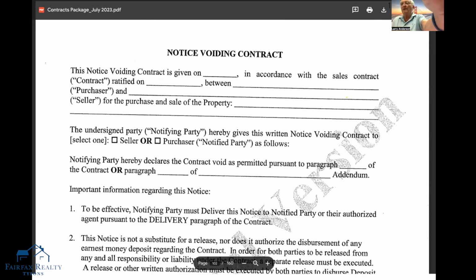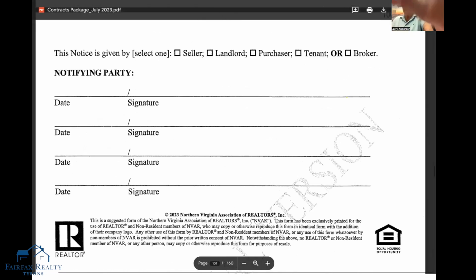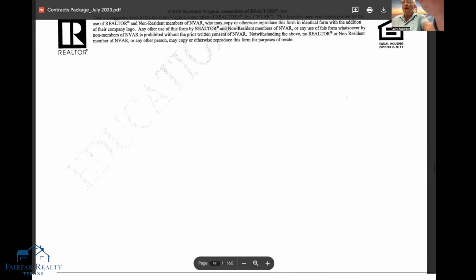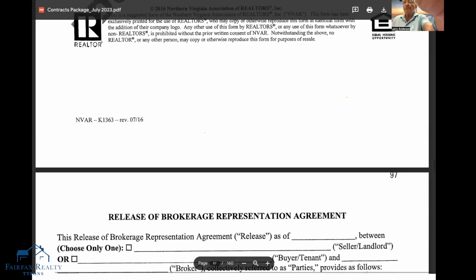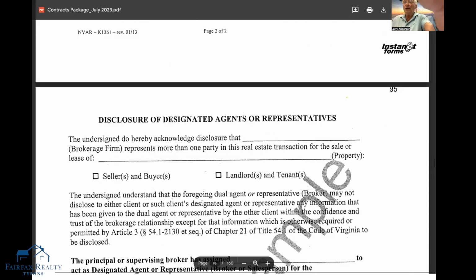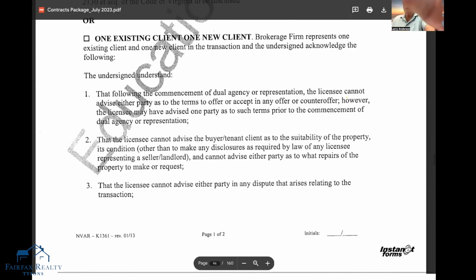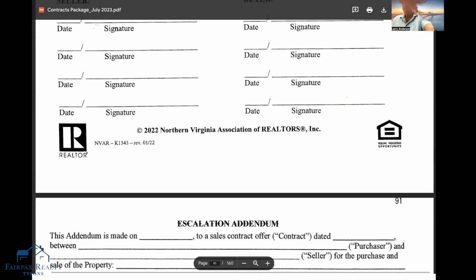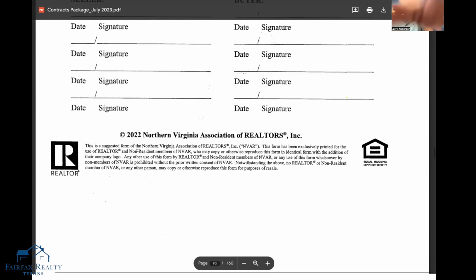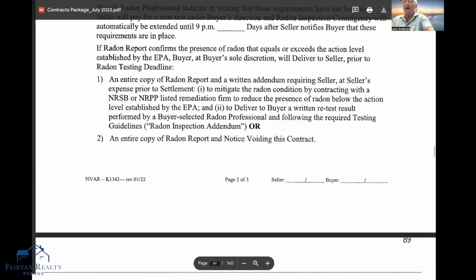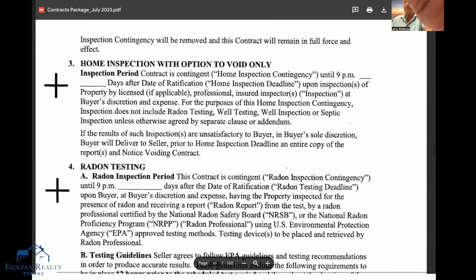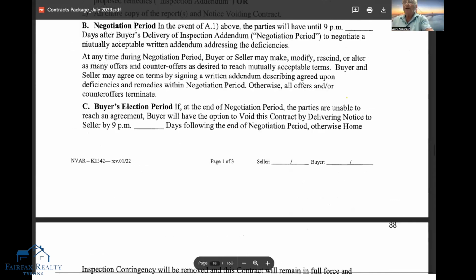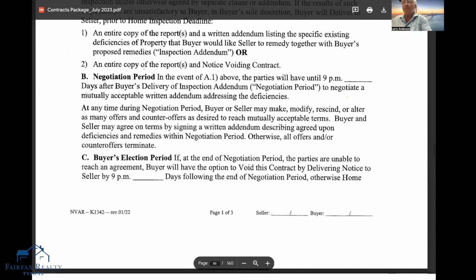Any questions about that? So right back here, they want to avoid their contract. Then we have to include an entire copy of the report.